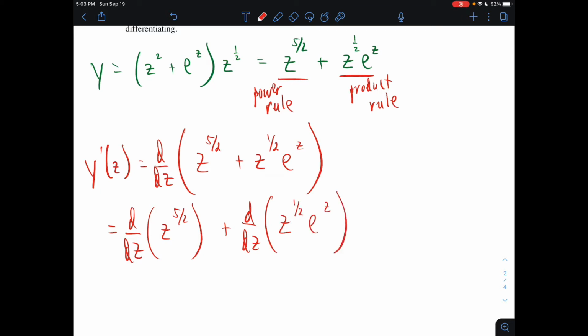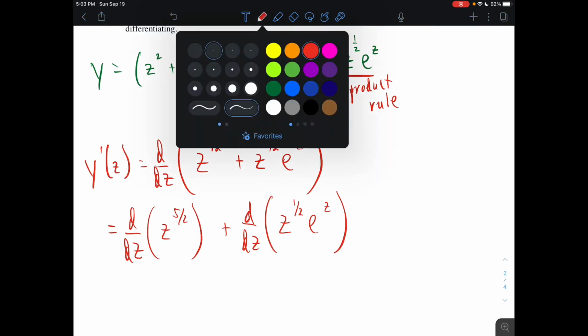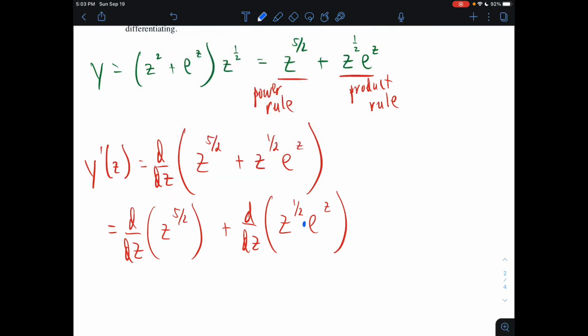Now this is a product, so it might be helpful if we just identify the two things that are being multiplied, and then we can also use some of the notation from the product rule, and we can call f z to the 1/2 and g e to the z.